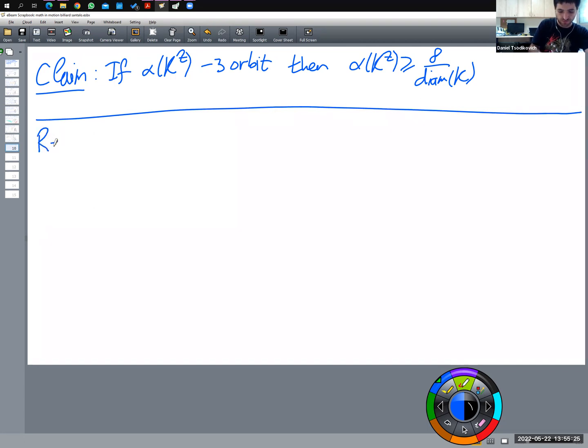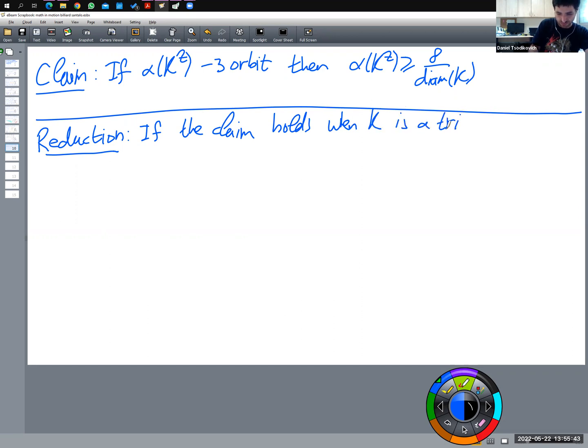So we have a reduction: if the claim holds when K is a triangle, then it holds for any K. So this is our first reduction.